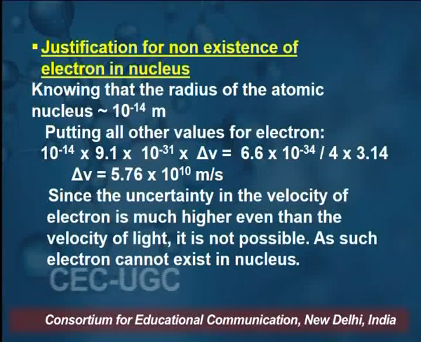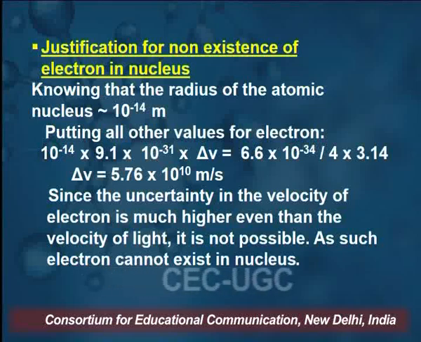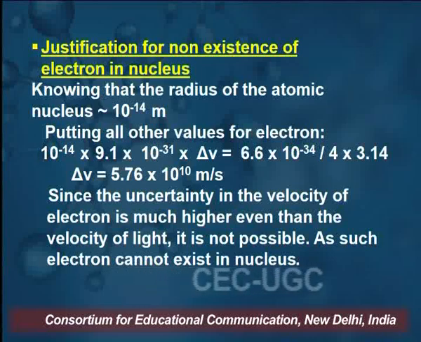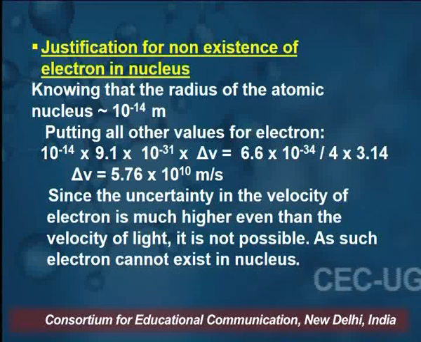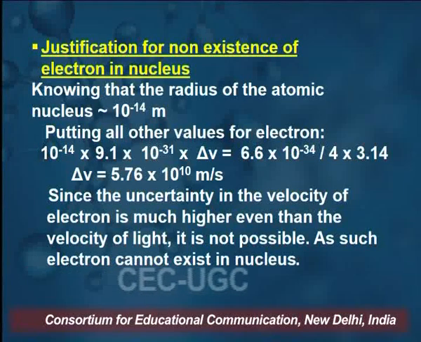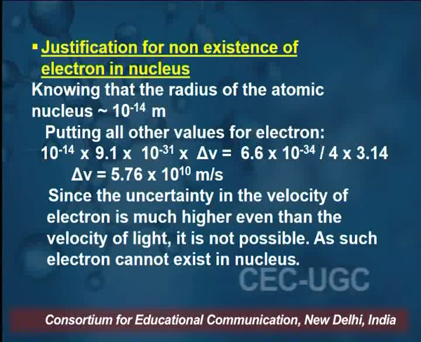Knowing the radius of the atomic nucleus, which is of the range 10 to the power minus 14 meter, and putting all other values for electrons, delta v is calculated, and here we find that the uncertainty in the velocity of the electron is much higher even than the velocity of light. So it is not possible.